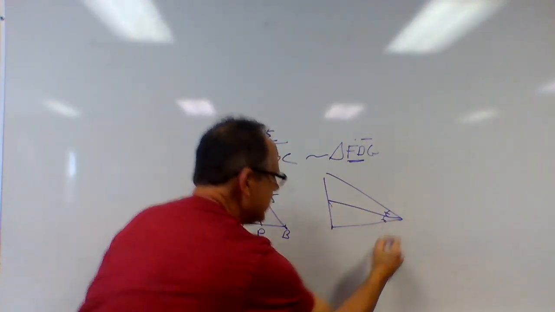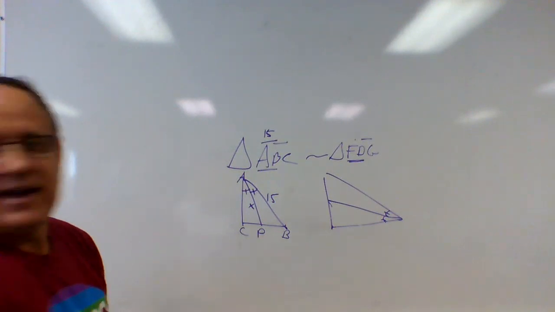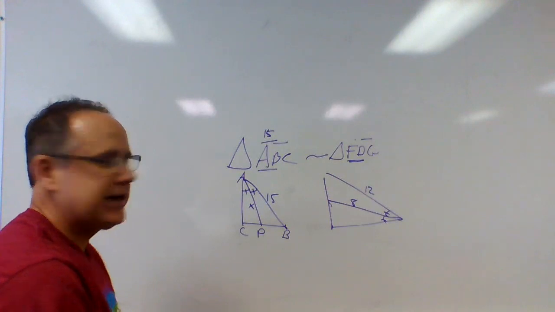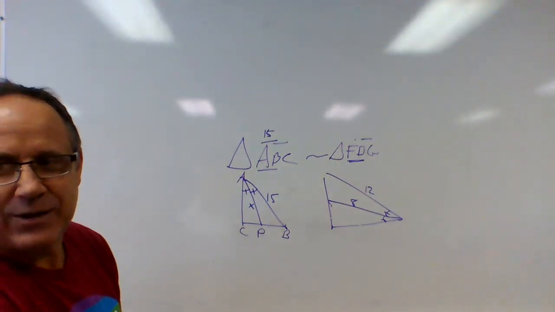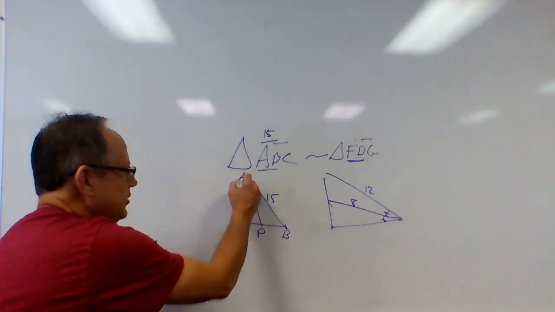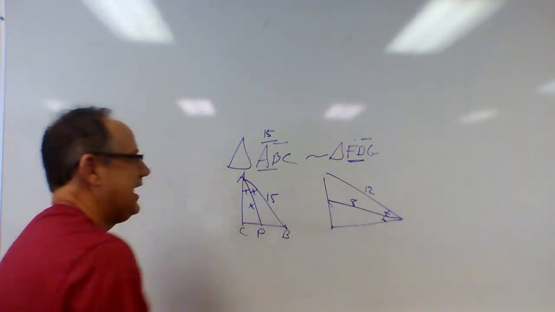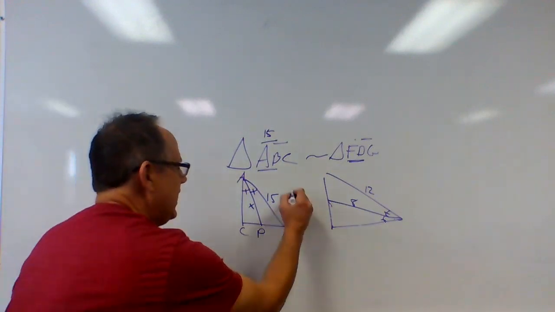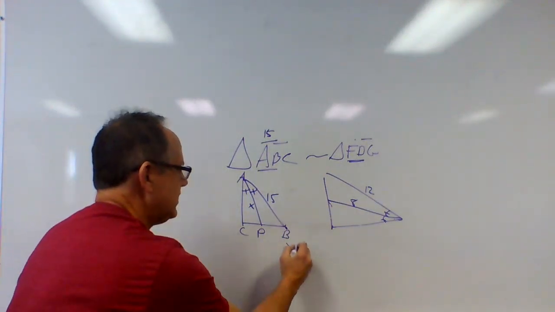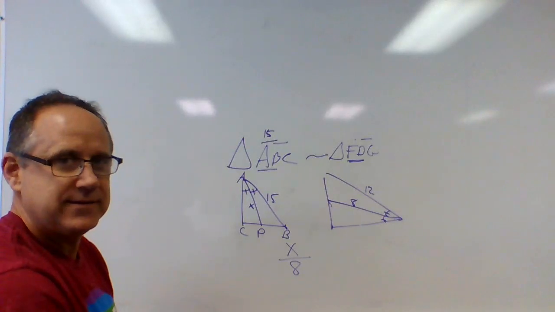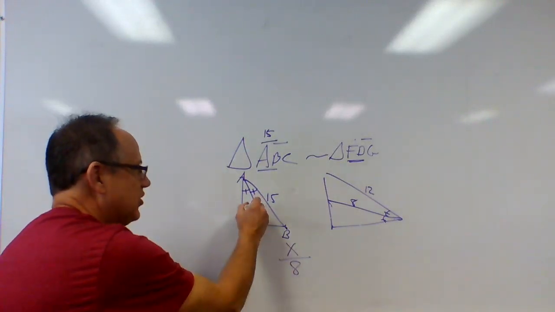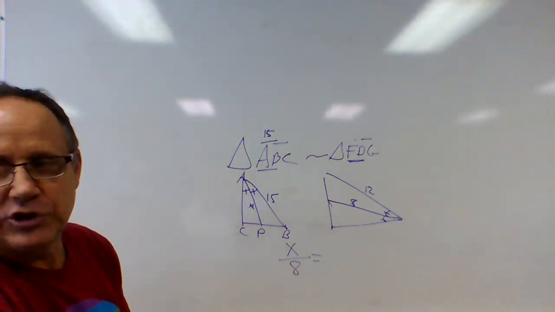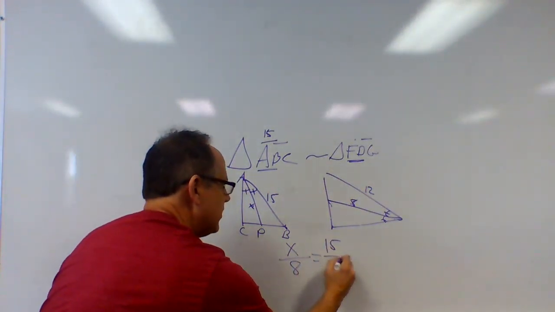A little bit different here, 8 and 12. When we're looking at my sides, we always do the angle bisector as one proportion. This is going to be x over 8. If we're using that side, we make it proportional to 15 over 12.